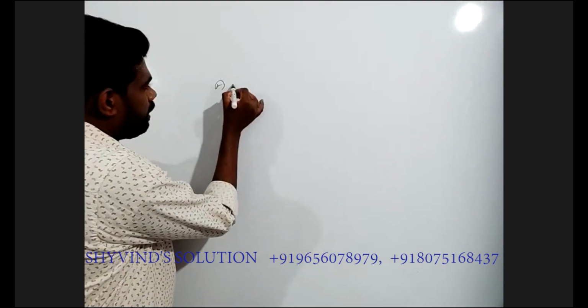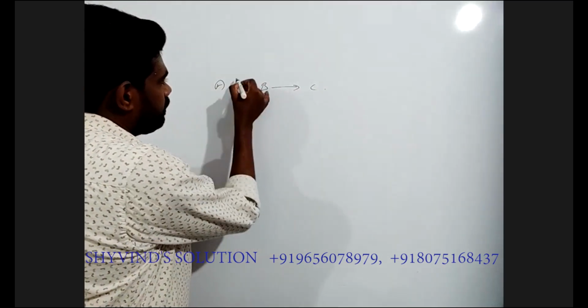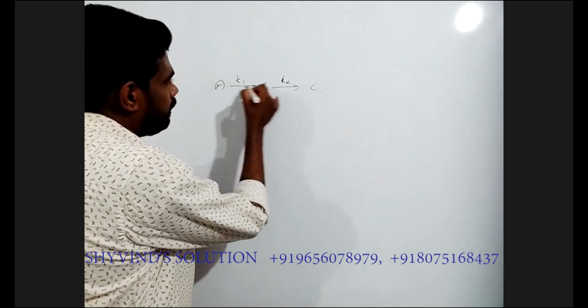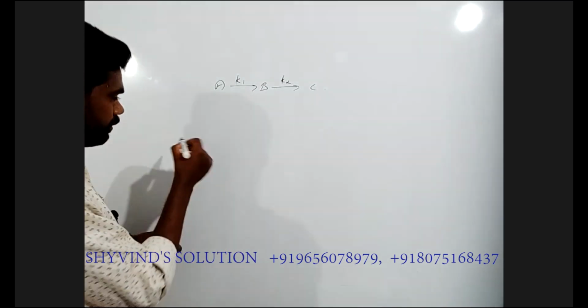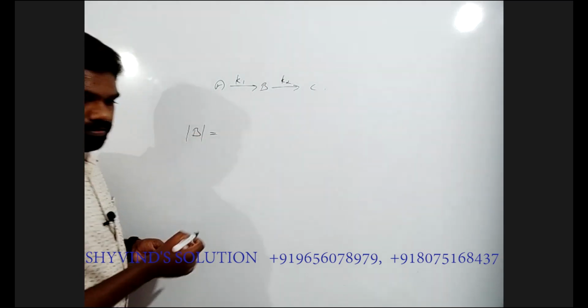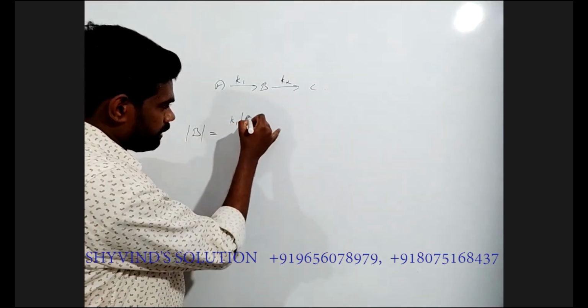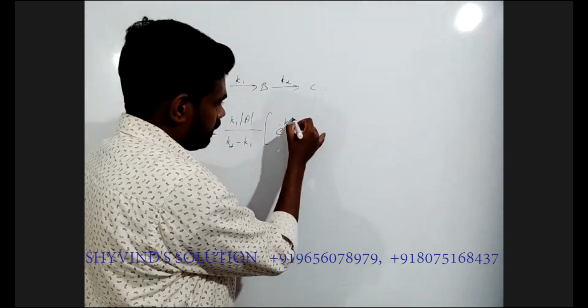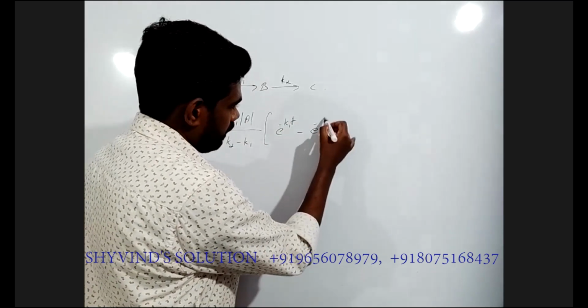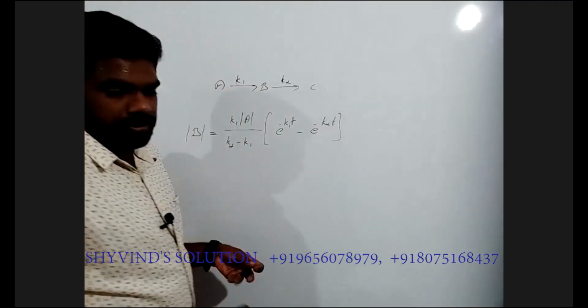So this question is also from kinetics, from the kinetics of complex reactions. For a complex reaction like A gives B gives C, where K1 and K2 are the rate constants for these reactions, the concentration of B is given as K1 into the concentration of A divided by K2 minus K1, into e raised to minus K1t minus e raised to minus K2t.